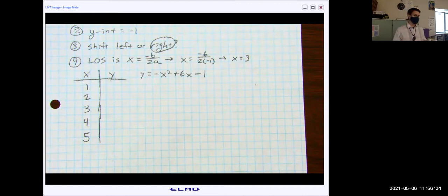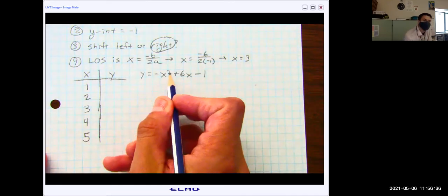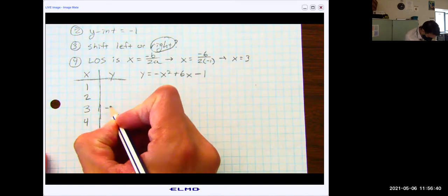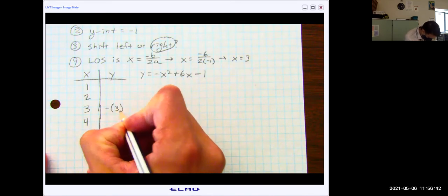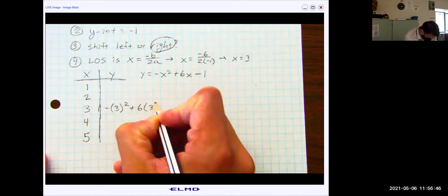So what we're going to do is plug in those x values and see what we get out of our equation. But again, I like to start with the middle value. You're going to start with the 3. Everywhere I see the x in my equation, I'm going to plug in a 3. This is going to be negative, and we get 3 squared plus 6 parentheses 3 minus 1.